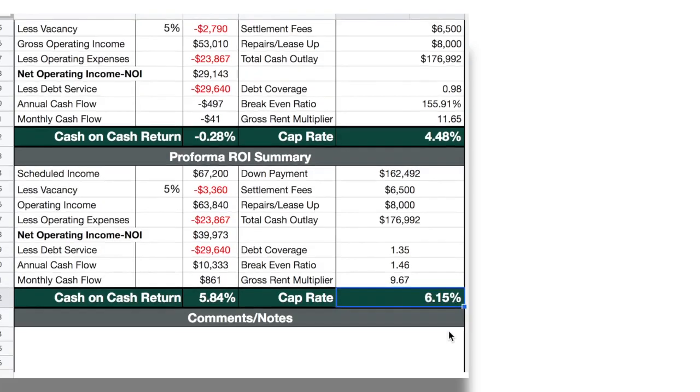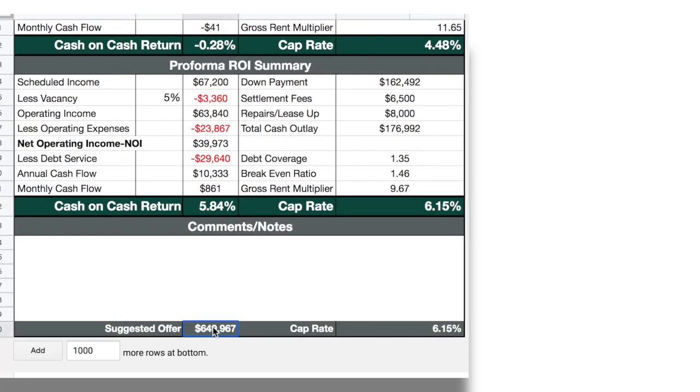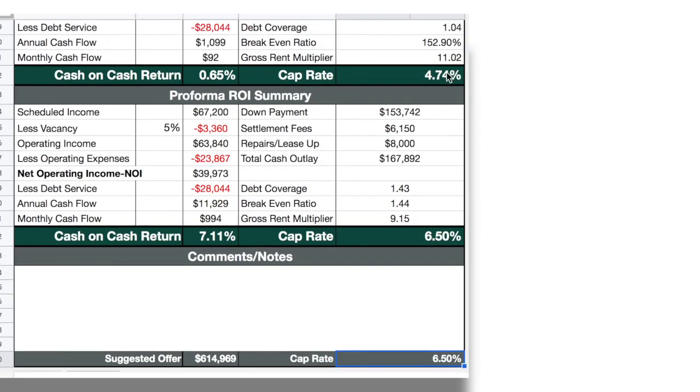Now down here, I have this little calculator that says, that's fine, but I want to be able to increase it to a 6.5. So that means I'm going to buy it at a 4.7 and increase to a 6.5, which means, all other things being equal, I need to get this thing at 615.